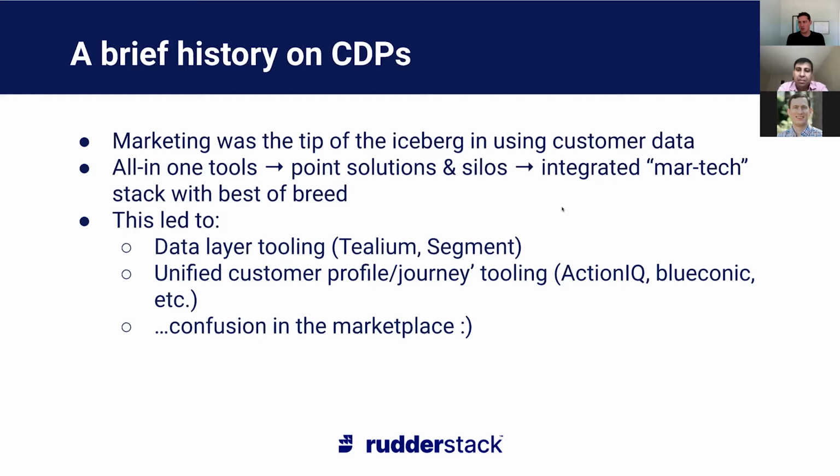So making sure that you have really robust customer profiles, and then being able to do all sorts of automation, right? Actually orchestrating your customer journey where people are getting emails and messages and push notifications and all that sort of stuff. But that led to a lot of confusion in the marketplace, right?